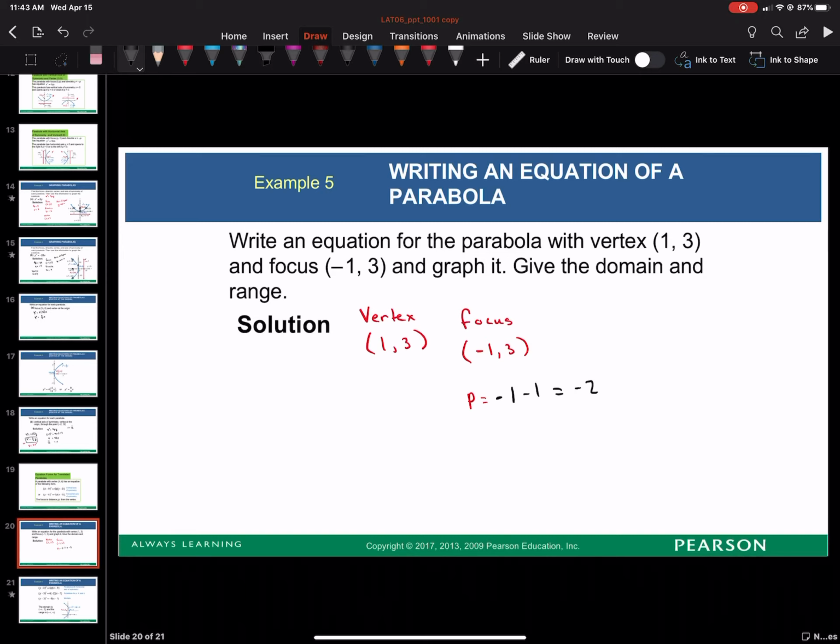We have (y minus k) squared is equal to 4 times p times (x minus h). So let's plug in what we have: (y minus 3) squared is equal to 4 times -2 times (x minus 1).